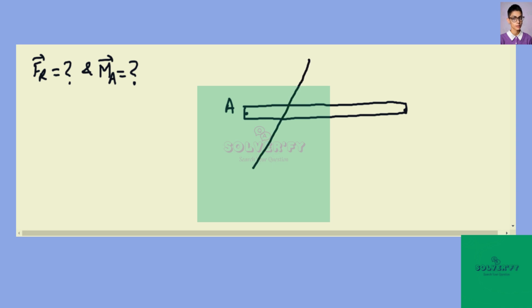This is one of the forces. This is 3, this is 4, this is 5. So this angle is theta. And the force, you can call it F1, is 2.5 kilonewton.